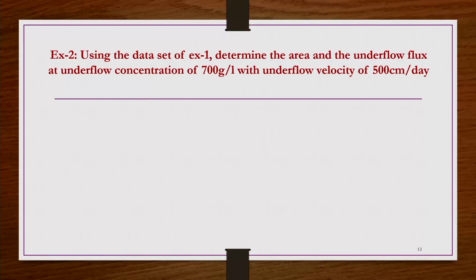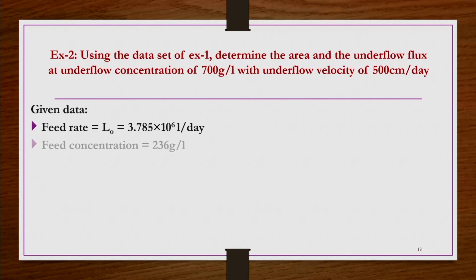Okay. Now we take another example problem. Using the data set of example 1, determine the area and underflow flux at an underflow concentration of 700 gram per liter with an underflow velocity of 500 centimeter per day. So, the given data is the feed rate L naught, the rate at which the slurry is entering this continuous thickener, given in liters per day.